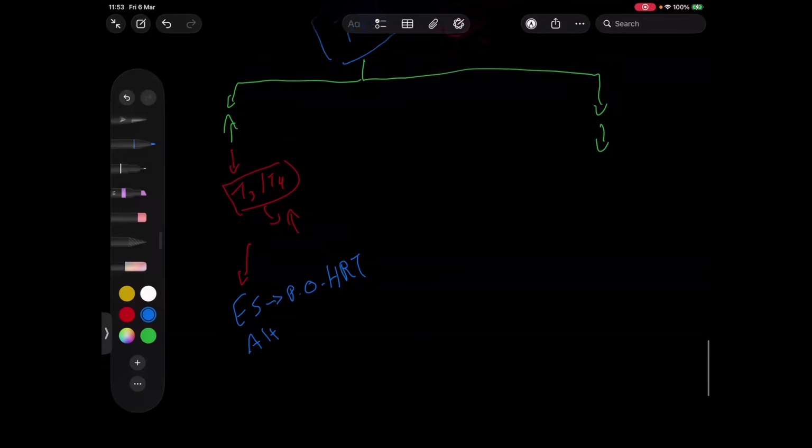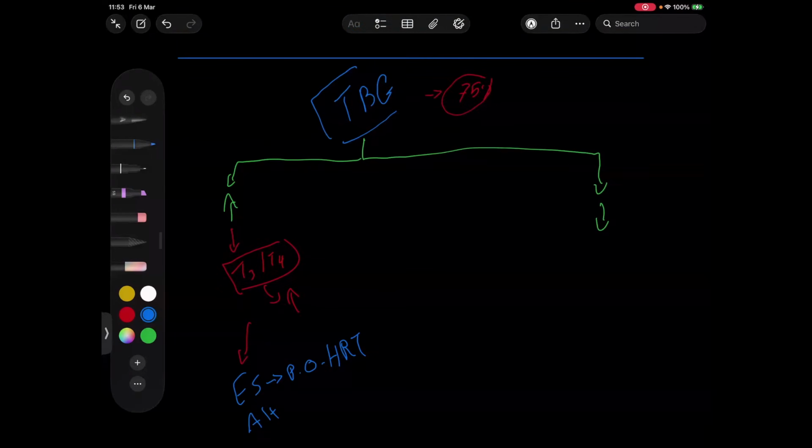If we're speaking about TBG, it's the protein which is transporting your thyroid hormones and making them bind. Where is it made? The liver. It's made in the liver. That's why if there is acute hepatitis, you're going to find maybe higher TBG.